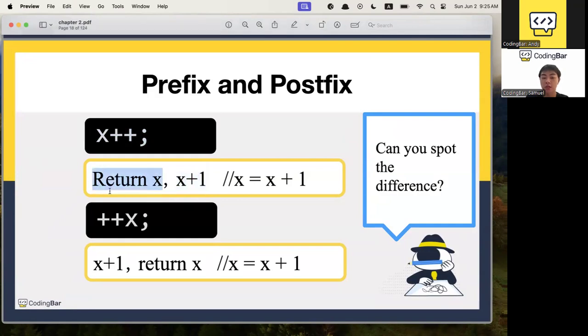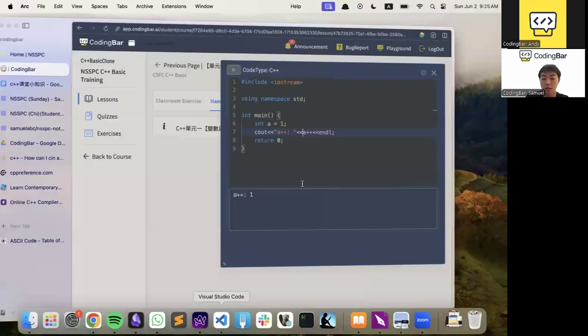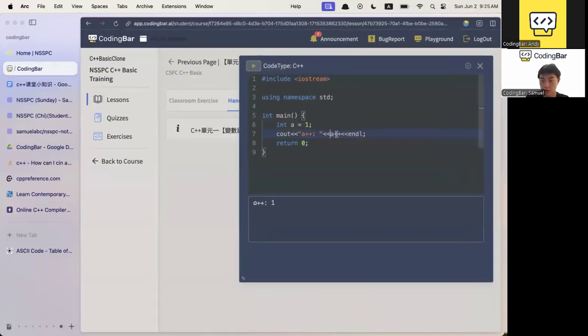This is important. Here, this is a mathematical expression, a++, but we return a first to this function. Let's say cout is a function, we return a first to it, and so it's going to print out 1. Okay. After that, a is actually 2.